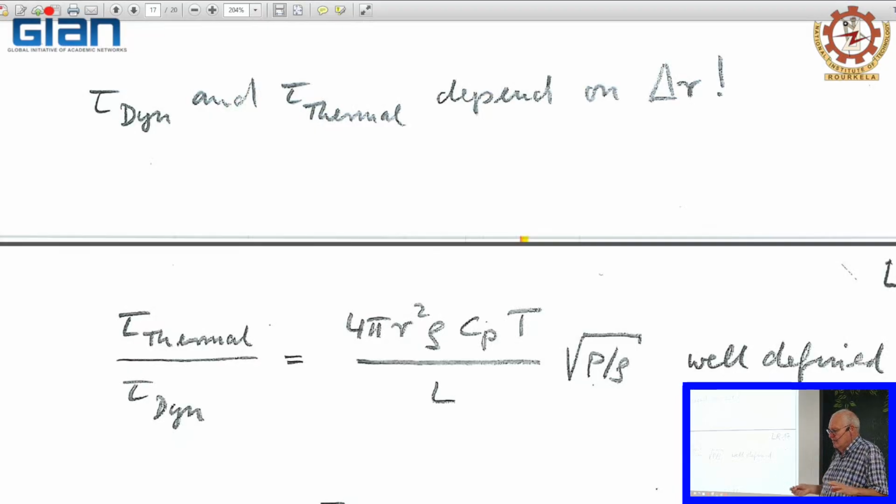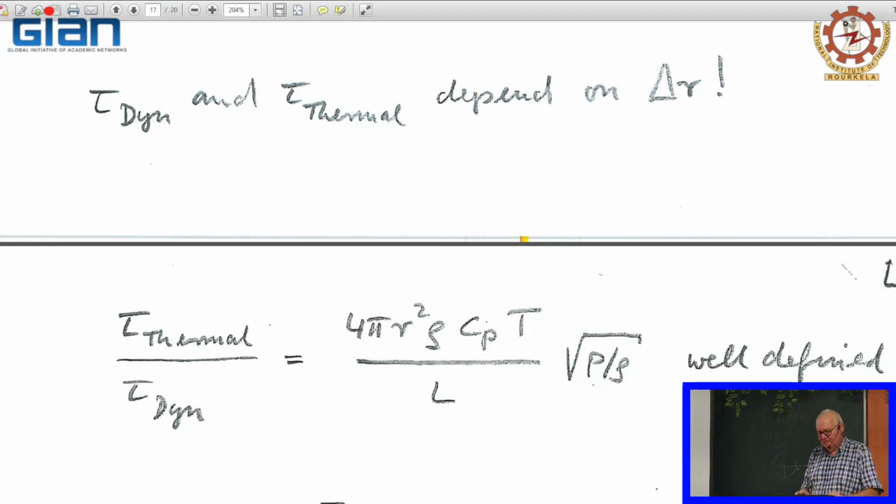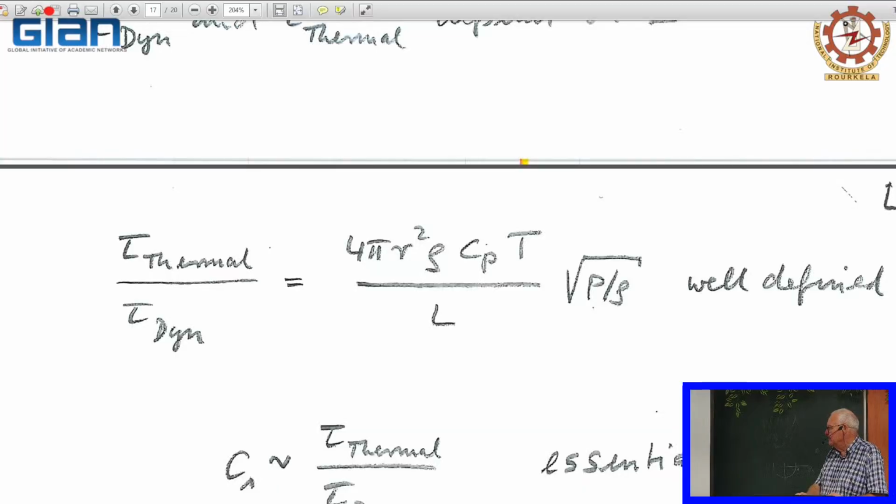But within the star, in a local sense, the delta R, the thickness of the shell you should take, is not a well-defined quantity. So this is well-defined, and it gives the ratio of thermal and dynamical timescale.